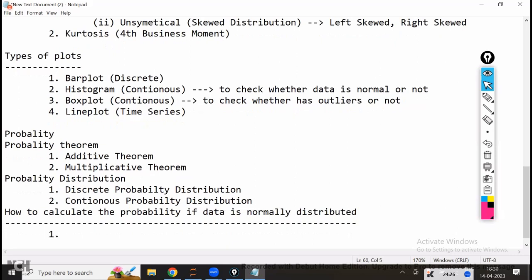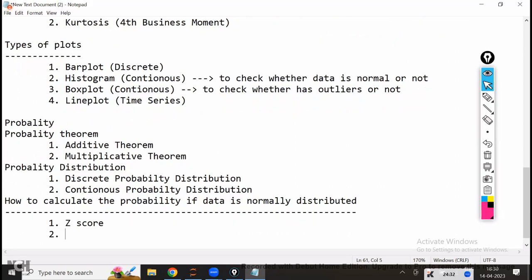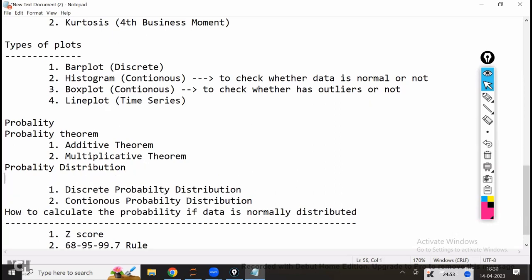One, using the z-score. Second, the 68, 95, 99.7 rule. Out of these two, we apply any one and calculate the probability. Both are applied only if the data is normally distributed. So these are the things we have discussed in the entire statistics. Is there anything left apart from this?